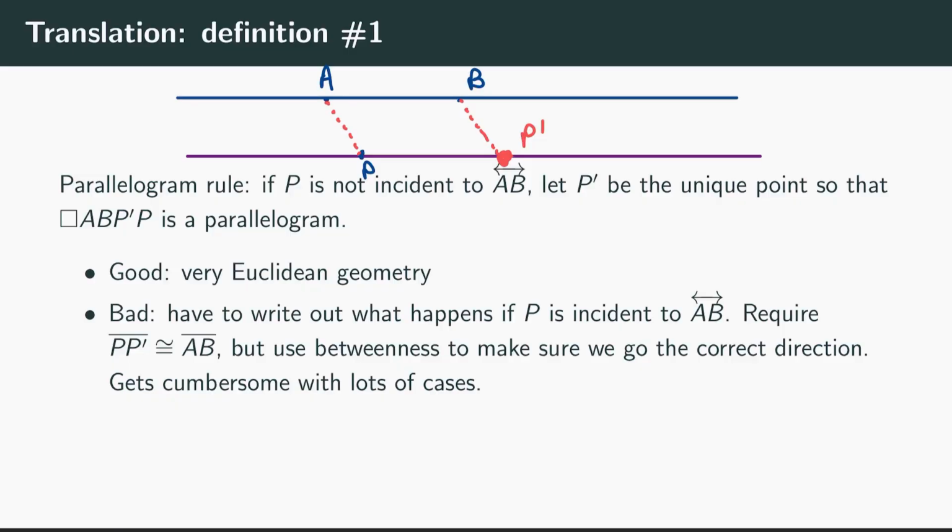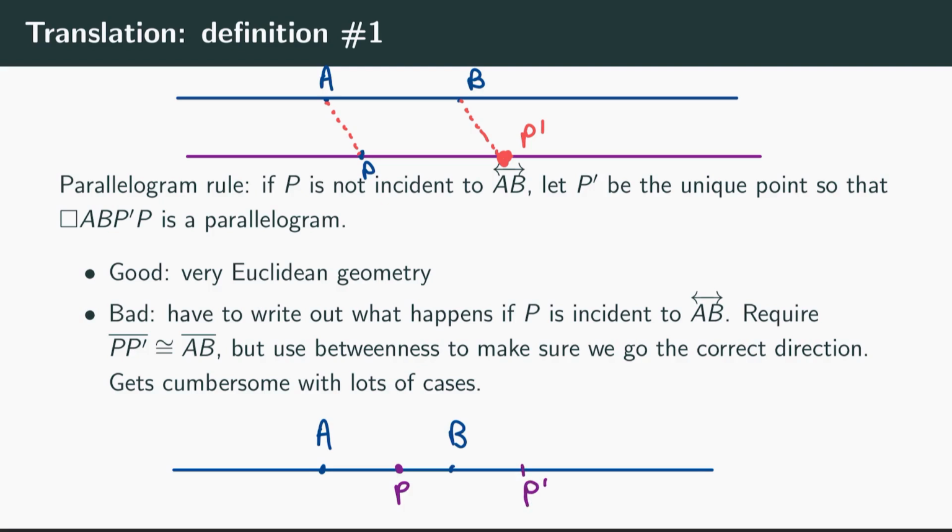The bad thing about it is it does not tell us exactly what to do when P is incident to the line AB. The downside is that we now need to break down into cases. If P is here, then I need to somehow explain that P prime is moving to the right and not to the left.